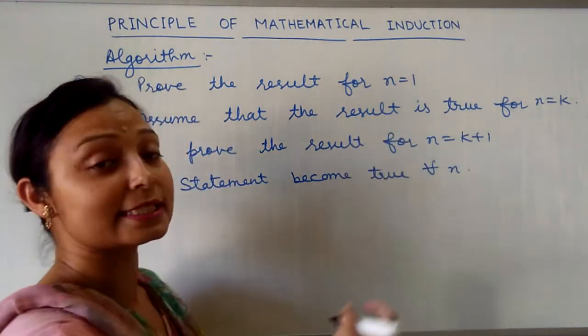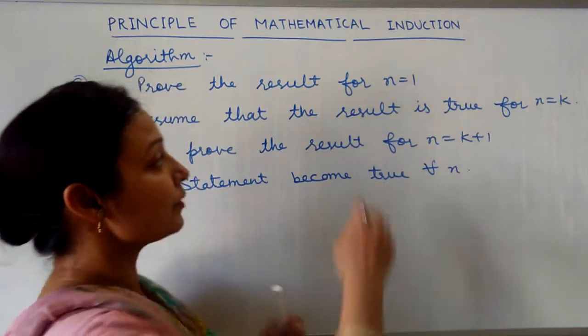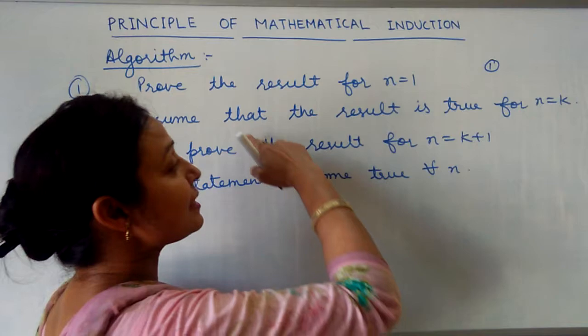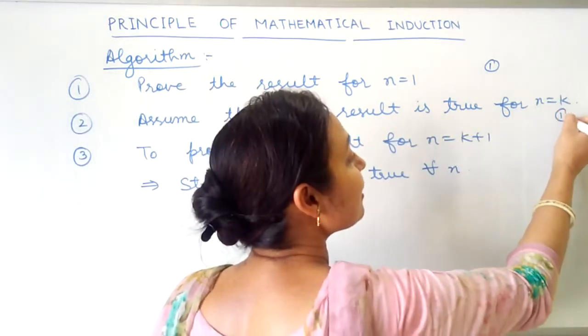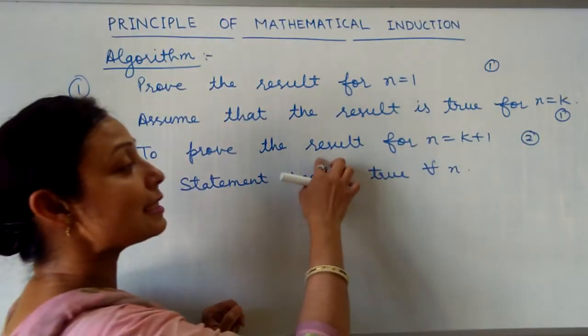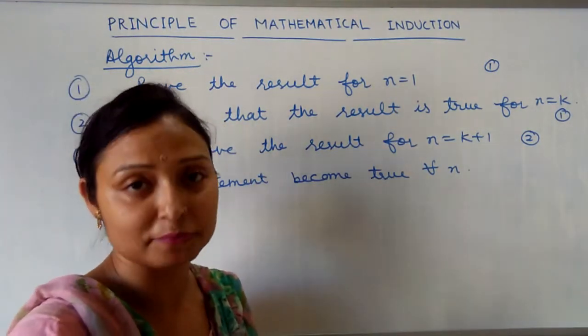Okay, after these 3 steps, in an exam, the first step has only 1 mark. Its second step contains only 1 mark, but the third step contains 2 marks. This is the method which is used for proving something.